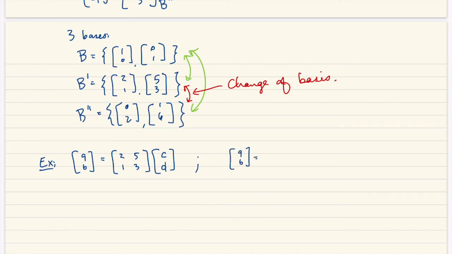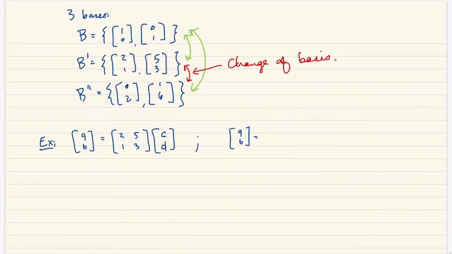Let's just call this matrix M, times CD. Again, there's kind of a hidden B prime here, so if you want to write it that way, that's fine. And so AB is going to be M times this vector CD, and this is CD relative to the basis B prime.